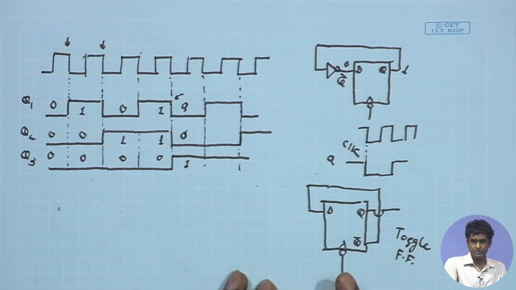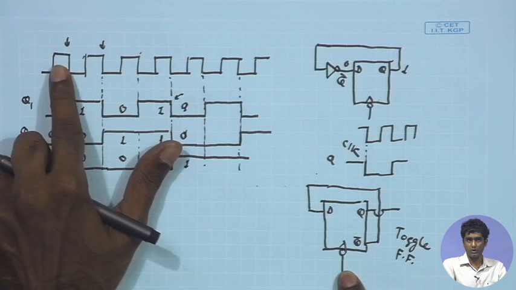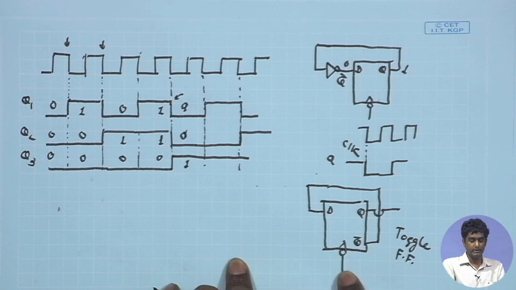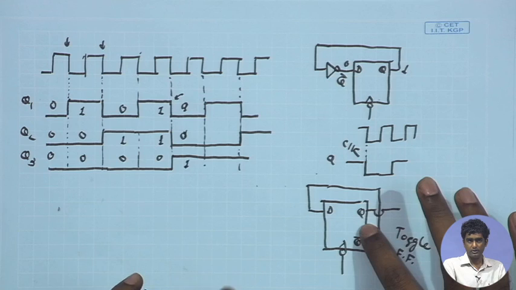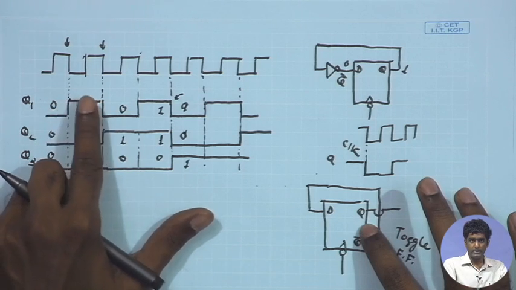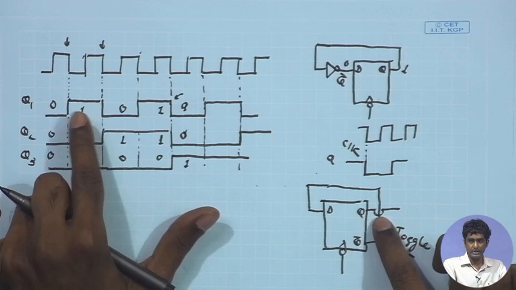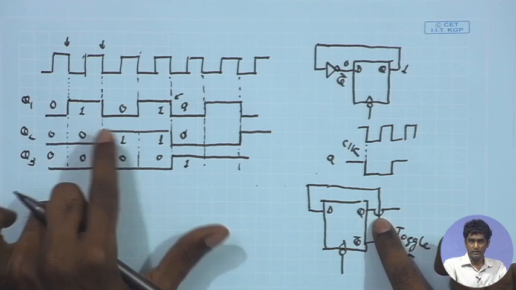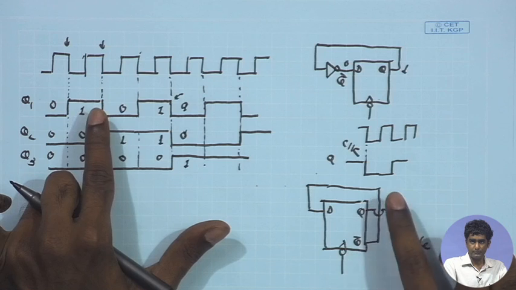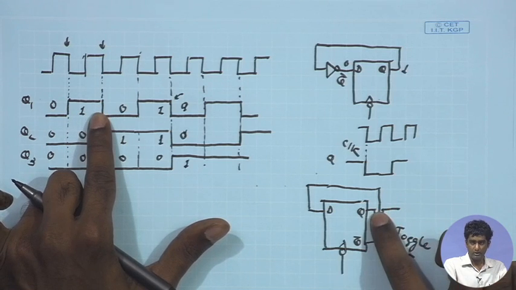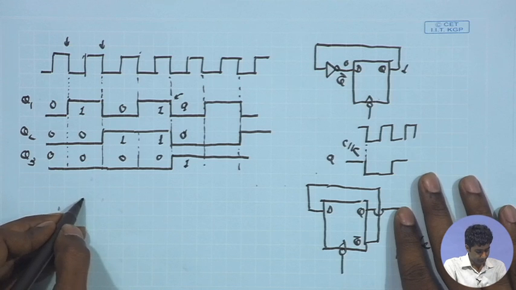The first flip flop in the chain should be receiving the main clock, the input clock, and the output of the first flip flop should be acting like the clock to the next flip flop, so that at the negative edge of the transition of the first flip flop, the second flip flop is getting triggered.